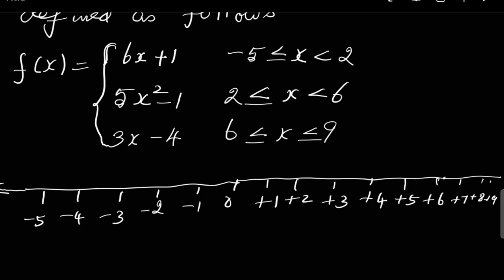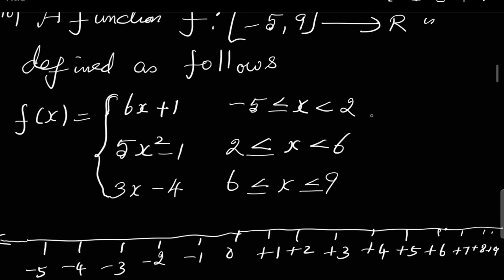Take the first interval. x takes the value between minus 5 and 2. Where is minus 5? Here it's minus 5 and 2. Just to see whether you can include these two values. You can include minus 5 because it is less than or equal to.